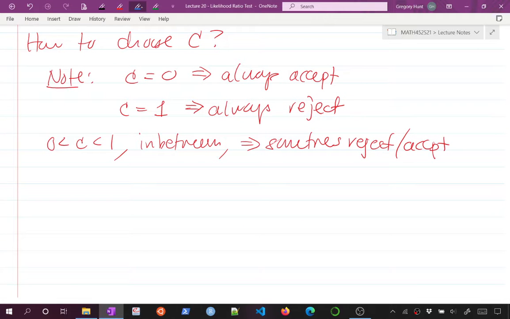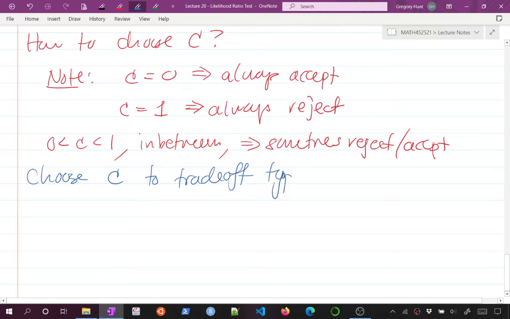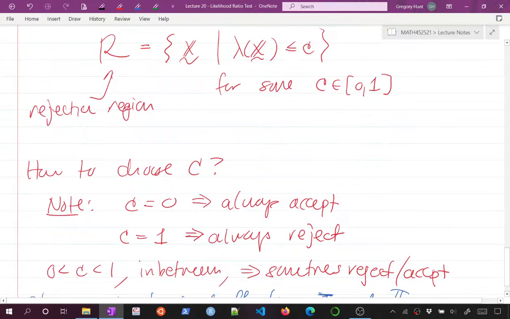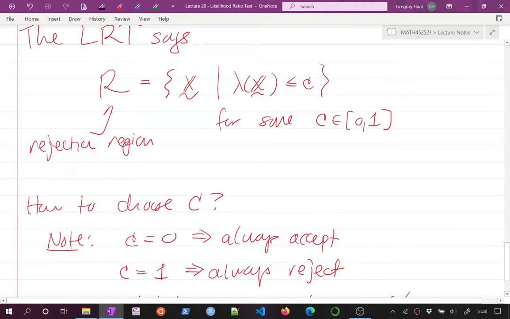So let me actually just write that down. Choose C to trade off type 1 and 2 errors, to the extent that you want to not make a type 1 or not make a type 2 error.